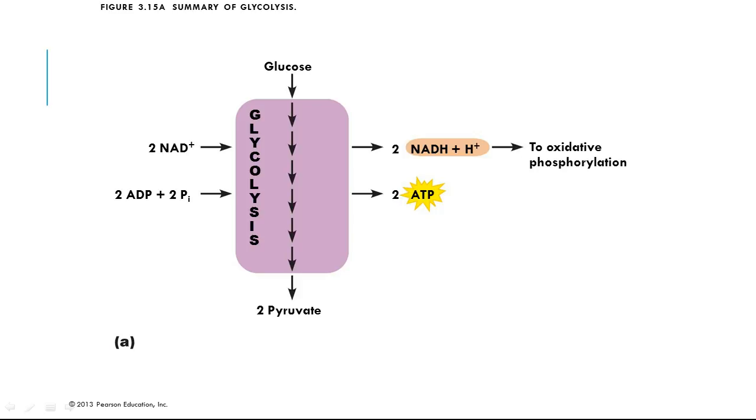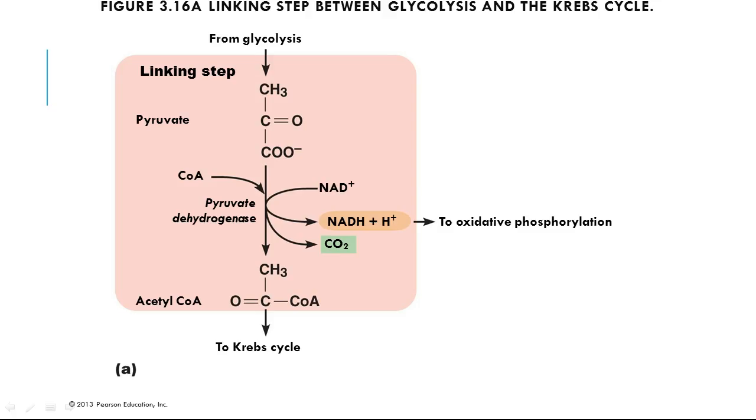But the pyruvic acid can still be processed to extrapolate more potential energy. If what? If, my big if then? Oxygen is available. If oxygen is available, that pyruvic acid is transported into the mitochondrial matrix, which, when available, it will initiate the intermediate step.